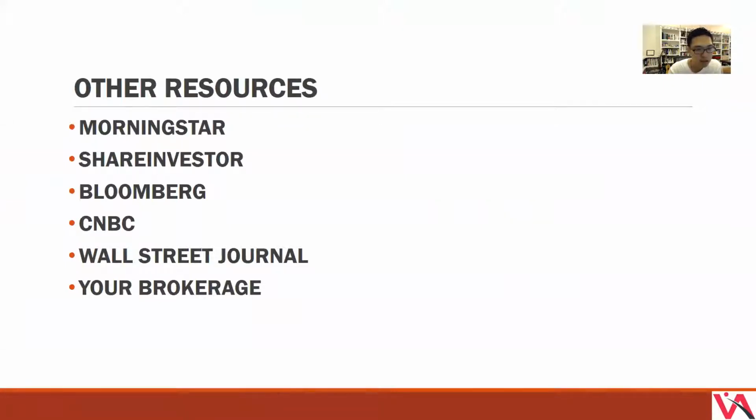All right, so that's roughly how we will get started when we find a new stock. Some other resources that I would want to share with you guys are over here on this page. Morningstar is a great free website to use when you are checking out the financials of a new company.